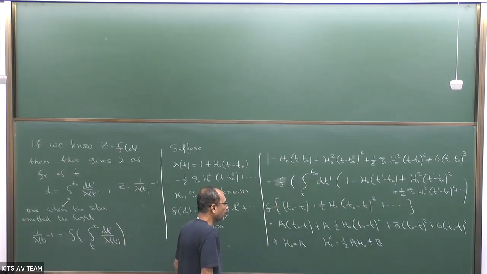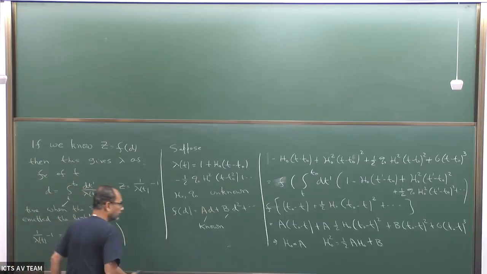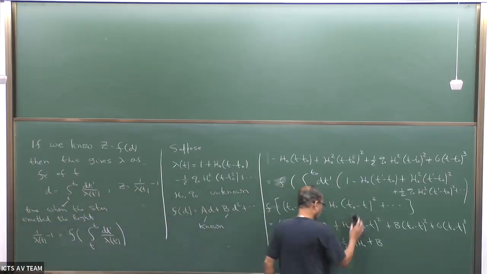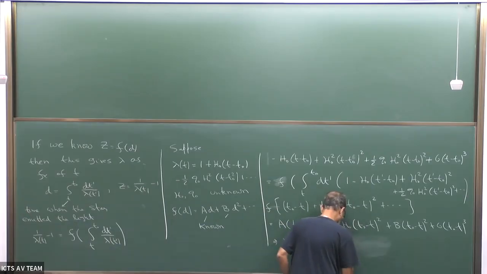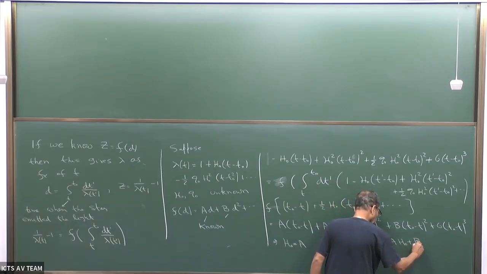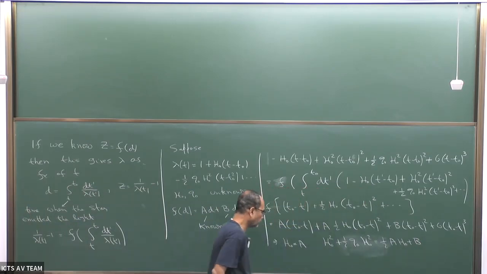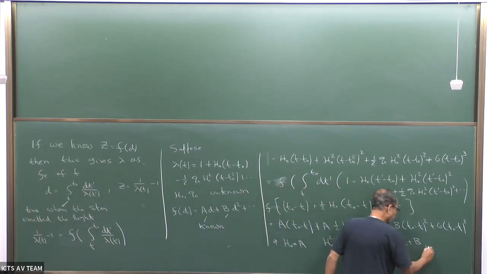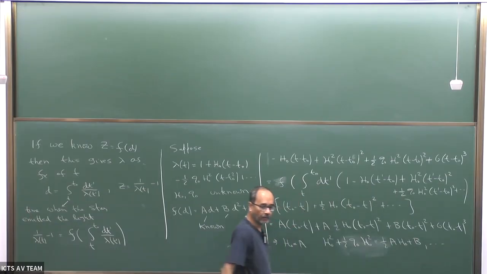Sorry, something is wrong. Sorry, h naught squared. I forgot the other term. And so on. You can compare t naught minus t cubed and so on to get the other coefficients.